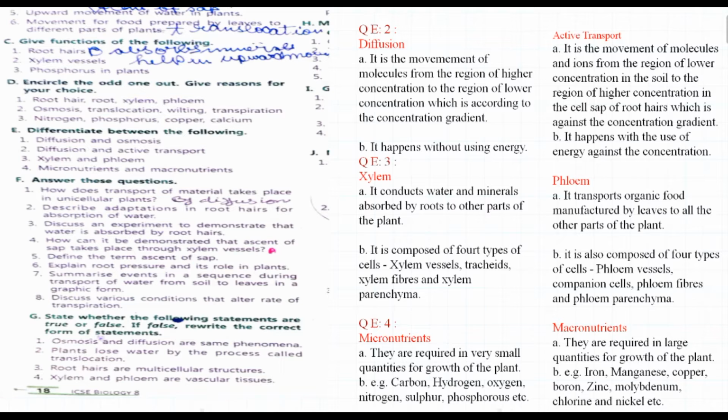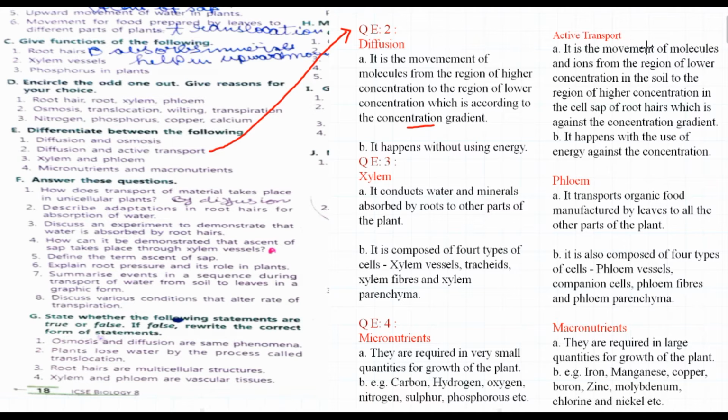Diffusion and osmosis we have seen on the earlier page. Now the next one is diffusion and active transport. Diffusion, as I have explained earlier, is the movement of molecules from the region of higher concentration to the region of lower concentration, which is according to the concentration gradient, right?